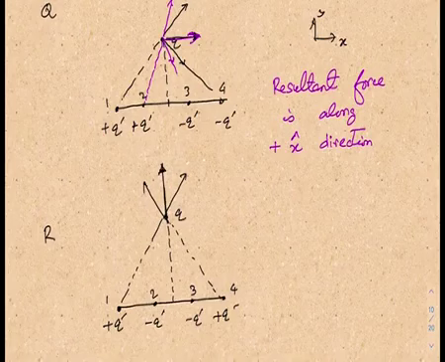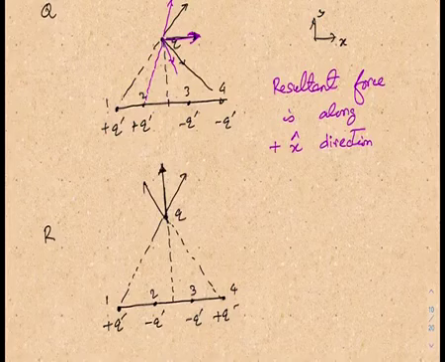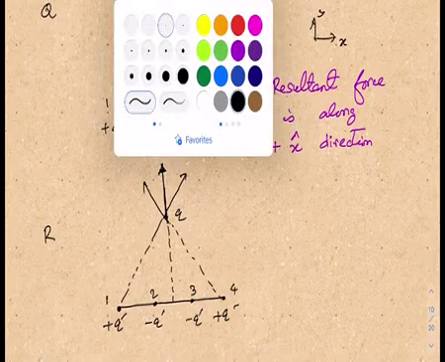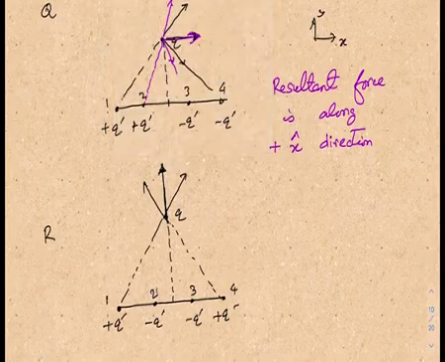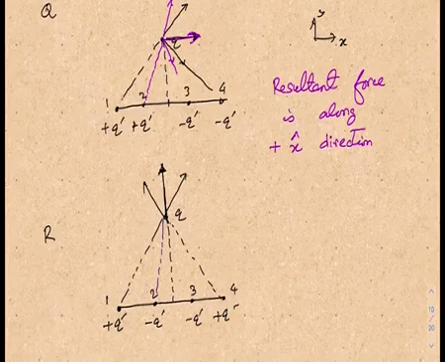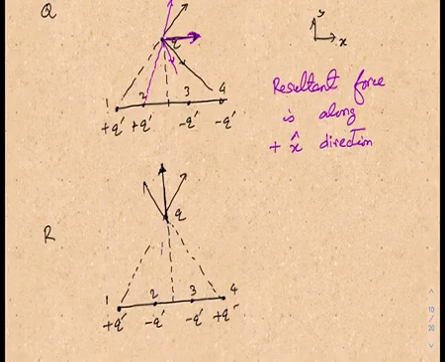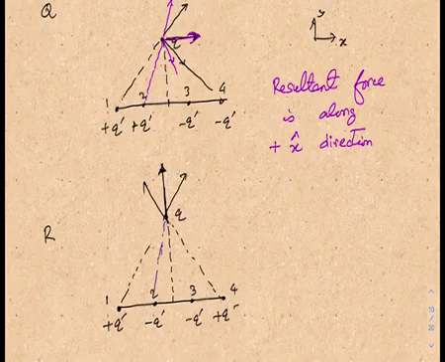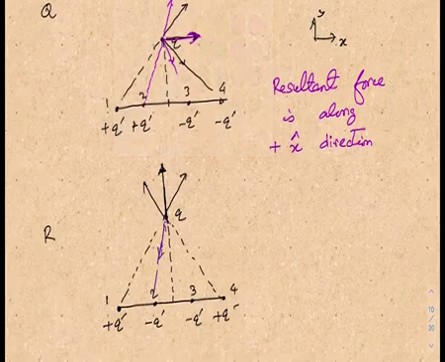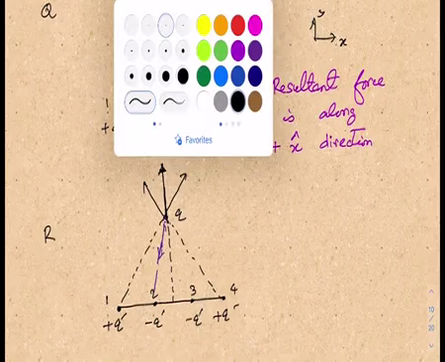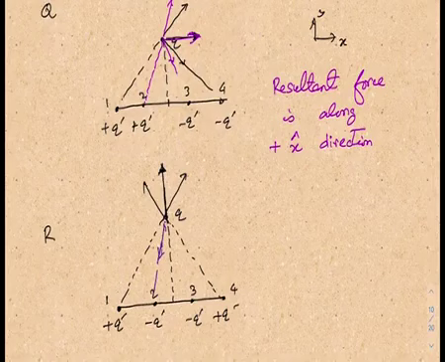This would be the resultant due to charges at 1 and 4. Due to 2 and 3, this would be along this direction, and due to 3, it would be again along this direction.